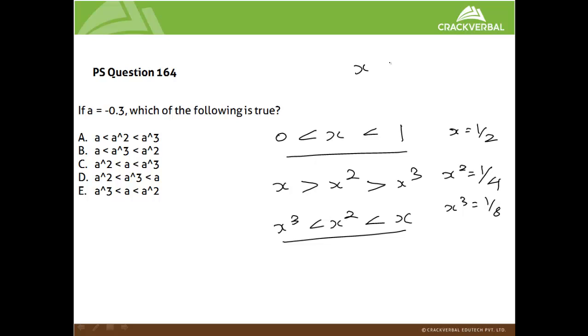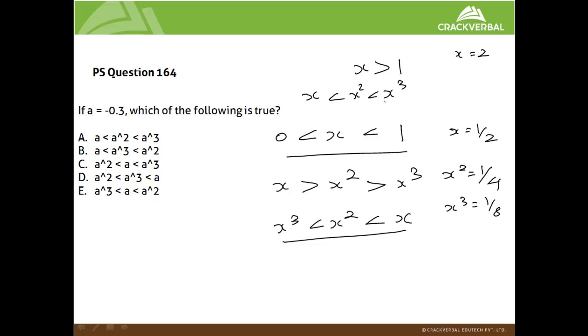But if x is greater than 1, then x cube has to be the greatest, x square next, and x would be the least of all the three. For example, if you take x as 2, 2 is less than 4, 4 is less than 8.